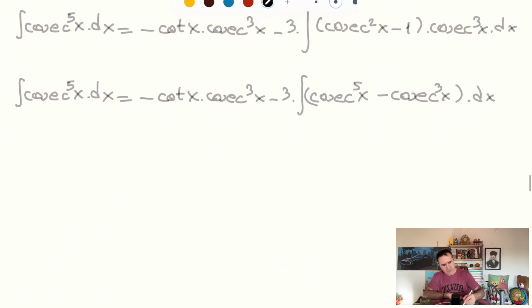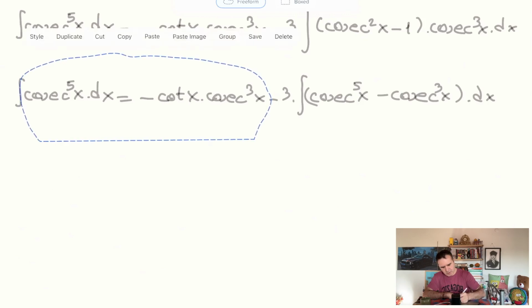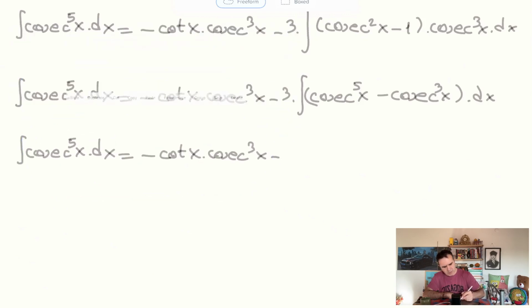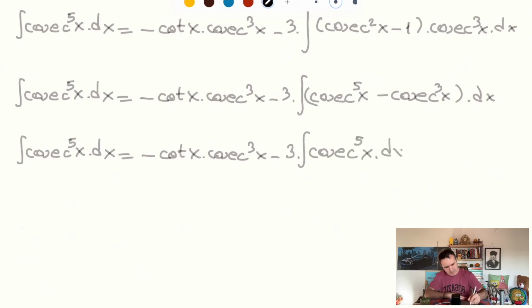And we will break down this integral into 2 parts, and the integral will become, okay, take this down here, minus 3 times integral of cosecant to the power of 5x dx, and minus here multiplied by minus will become plus 3 times integral of cosecant cube x dx.